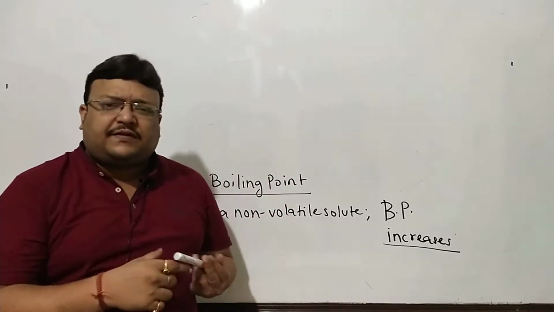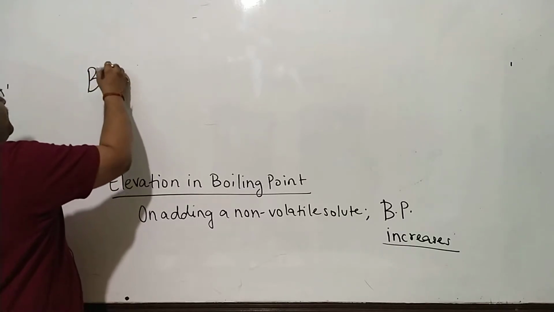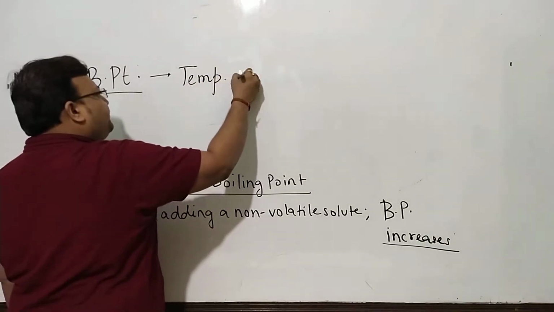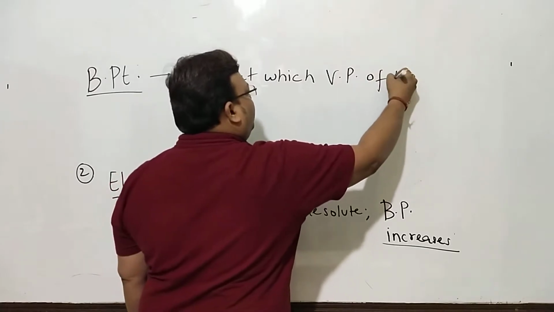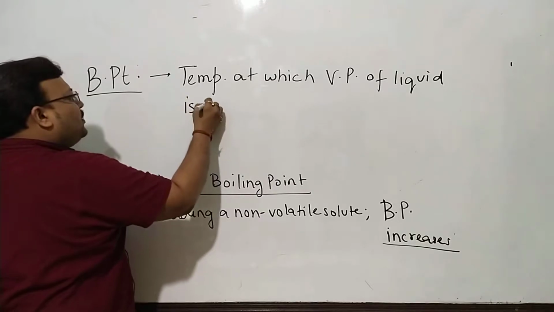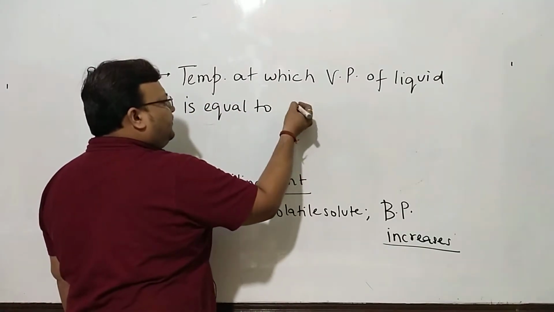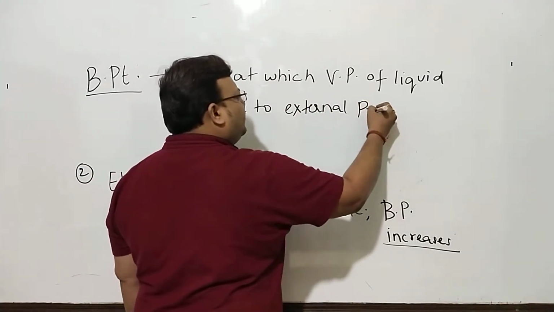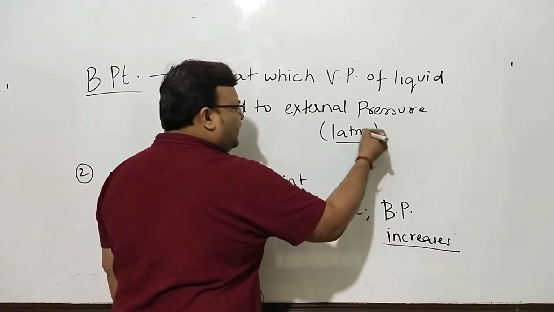That is a physical manifestation of the fact that boiling point is the temperature at which the vapor pressure of the liquid which is boiling is equal to the external pressure. You also call it the superincumbent pressure.